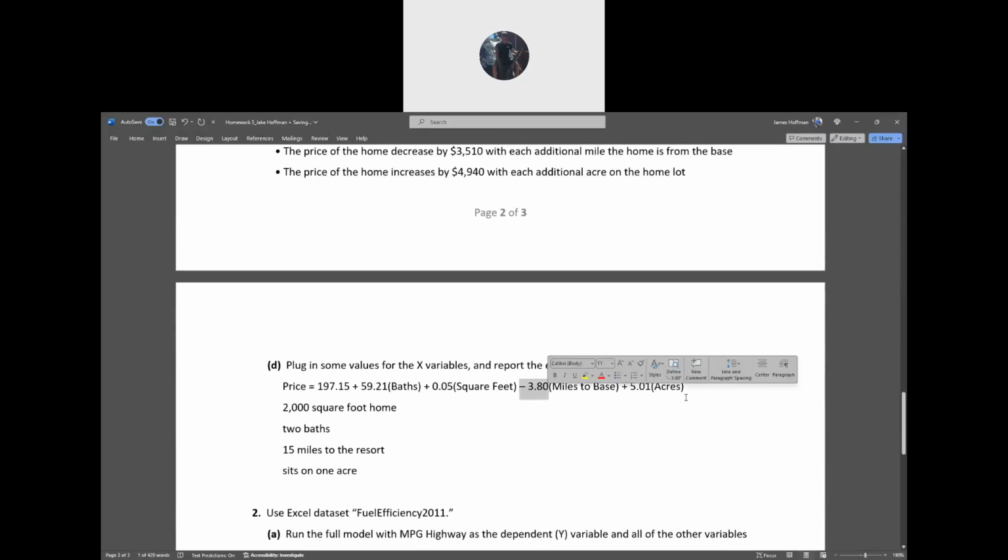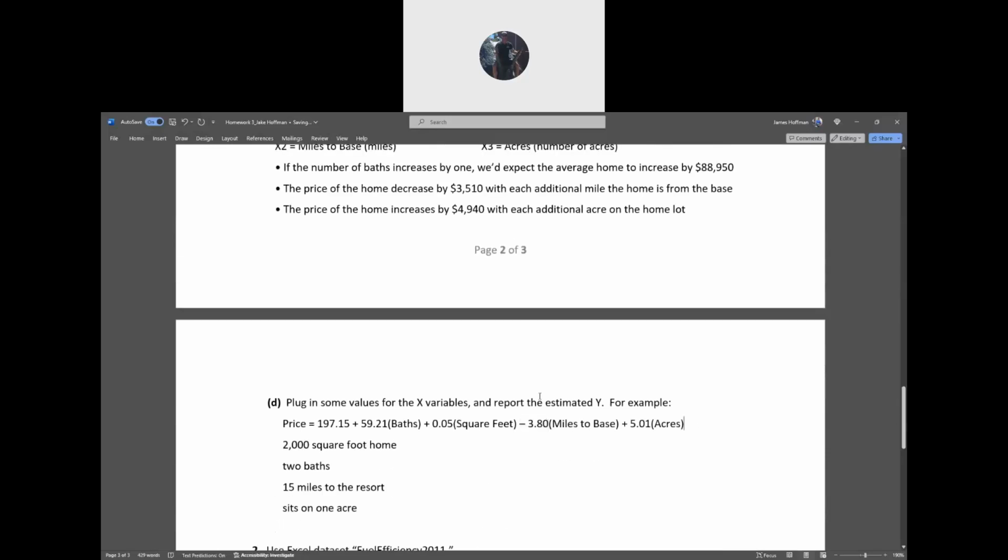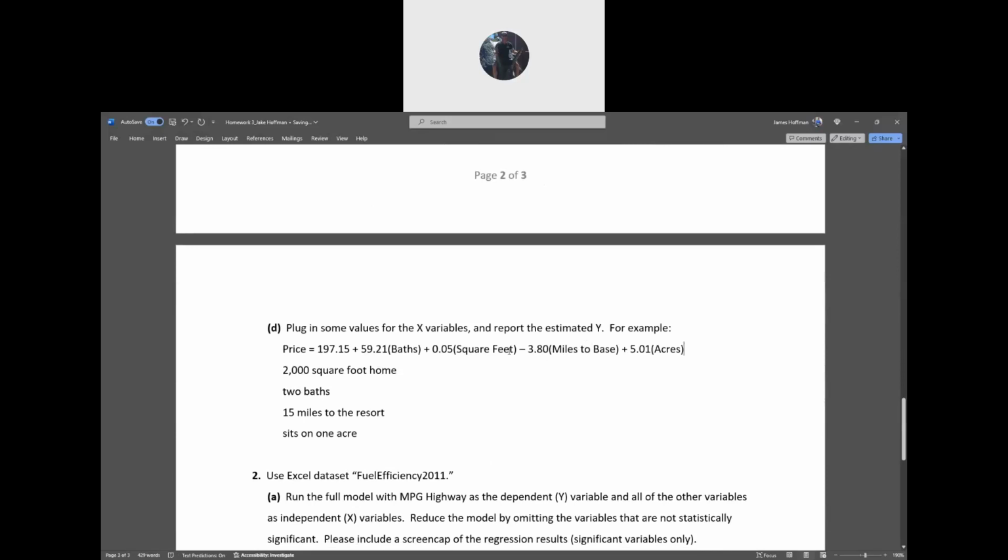And the effect of acres is 5.01. Okay. And I kept in the square feet one because this one asked to put that in, right? So now what we're gonna do is plug in 2,000 for the square feet, 2 for baths, 15 for miles, and 1 for acres, right?